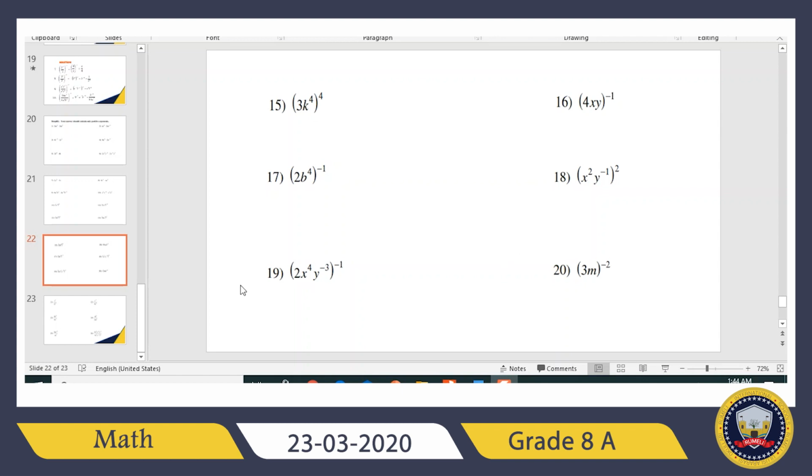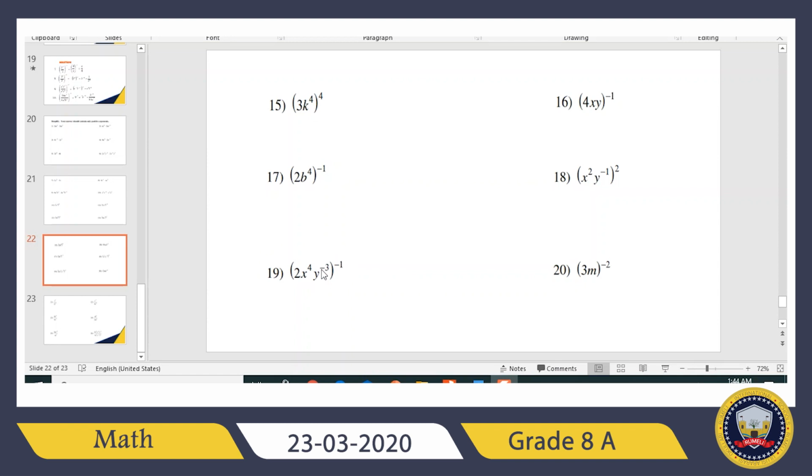Right, let's go for this example, number 19. 2, it means 2 power 1, x power 4, y power negative 3, all to the power of negative 1. So as if I'm saying 1 times negative 1, it means 2 to the power of negative 1. For x, 4 times negative 1 is negative 4, because positive times negative gives me negative.